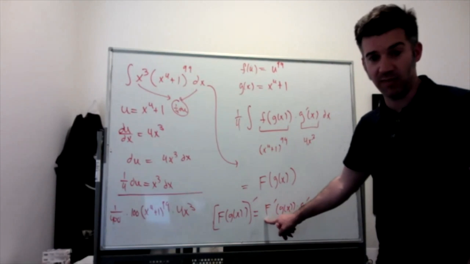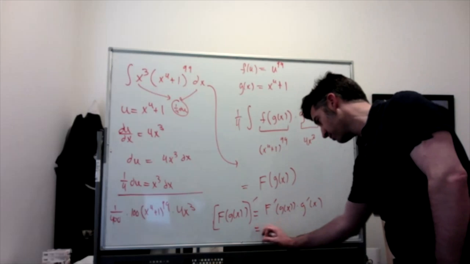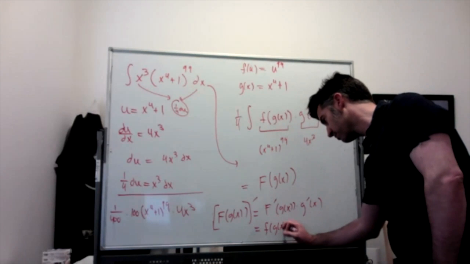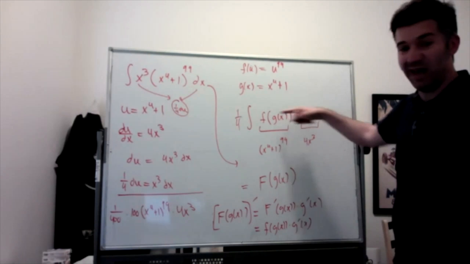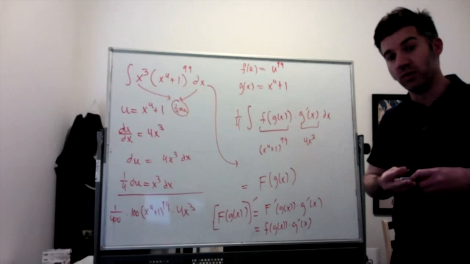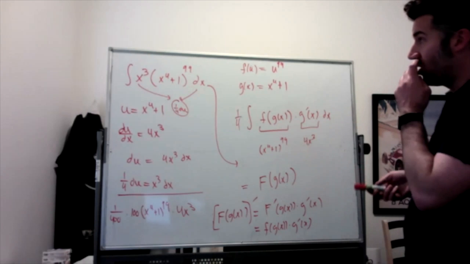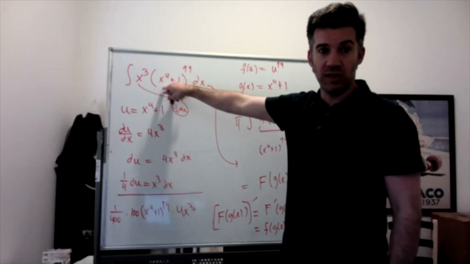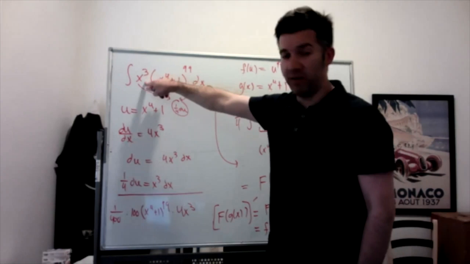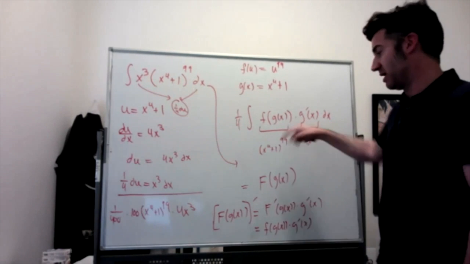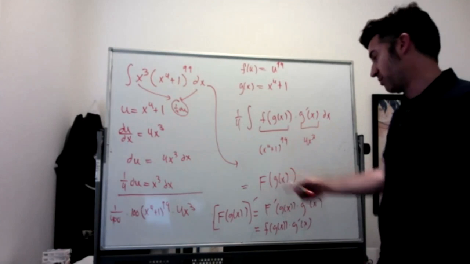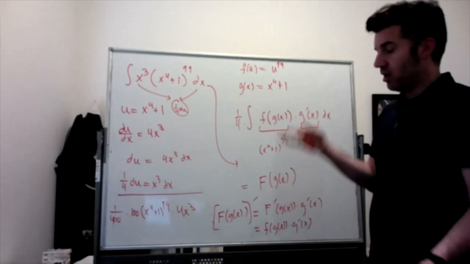The capital F prime is the same as little f. Exactly that. So you're really just undoing the chain rule. You're saying, oh, I see the insides of a function is g of x. Its derivative is g prime. So you've got some f of g of x times g prime of x, and the antiderivative of that is capital F of g of x.